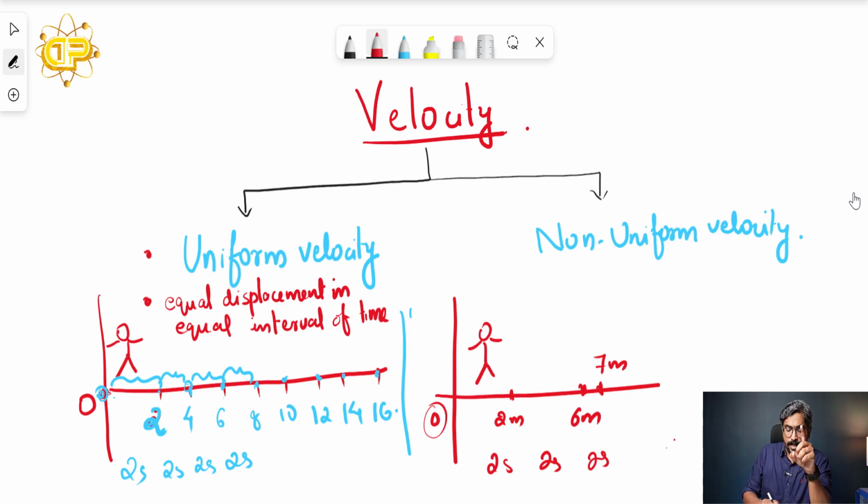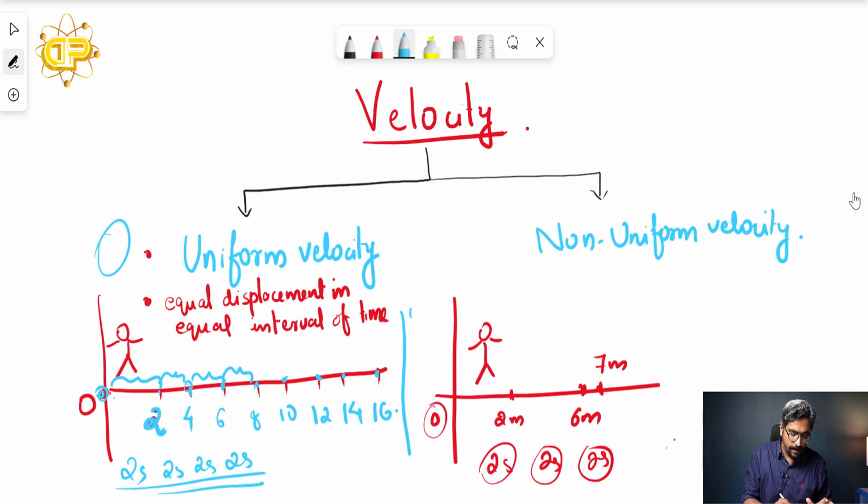Here you can see that if you consider equal intervals, the man is covering unequal displacement, or the change in position with respect to the origin is different. Whereas in the first case, in equal intervals of time, the displacement or change in position is uniform.